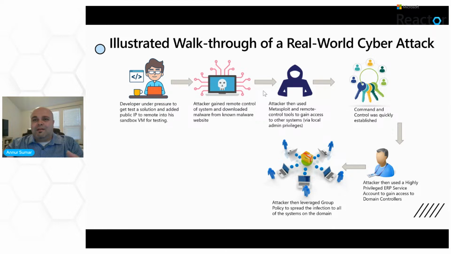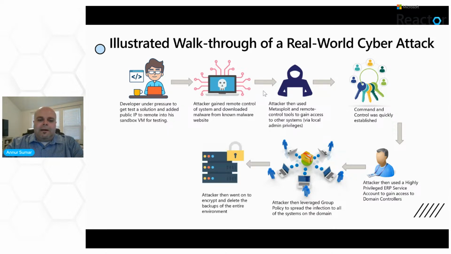I know it's probably the worst use of group policy, but the attacker was able to use it to spread the infection. Thank goodness group policy is not that effective, and it only works 80% of the time. So the attacker was not able to get all the systems, but they got about 80% of them. Eventually, we were able to capture almost 90 to 95% of the systems. If that wasn't bad enough, the attacker then went on to encrypt the backups and then delete the backups of the entire environment.